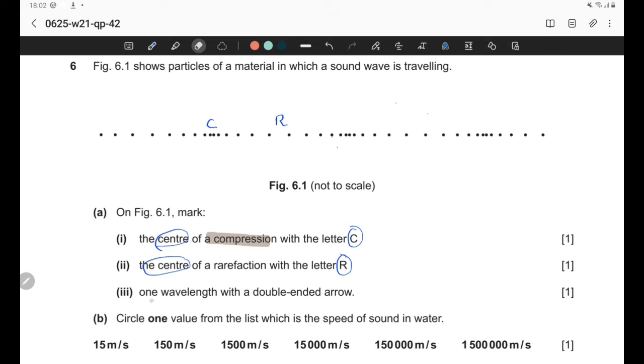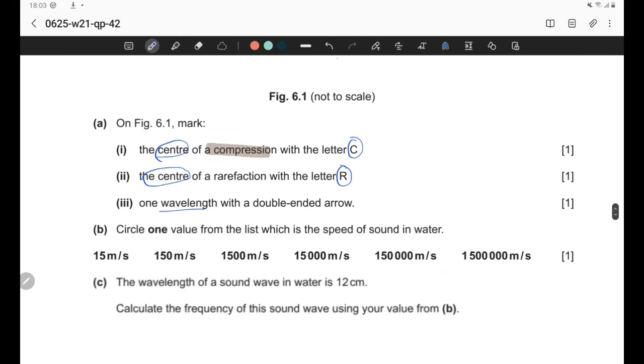Part 3, one wavelength with a double-ended arrow. So for a longitudinal wave or sound wave, the wavelength is the distance between one compression to the next compression. So this length represents the wavelength of the sound wave.